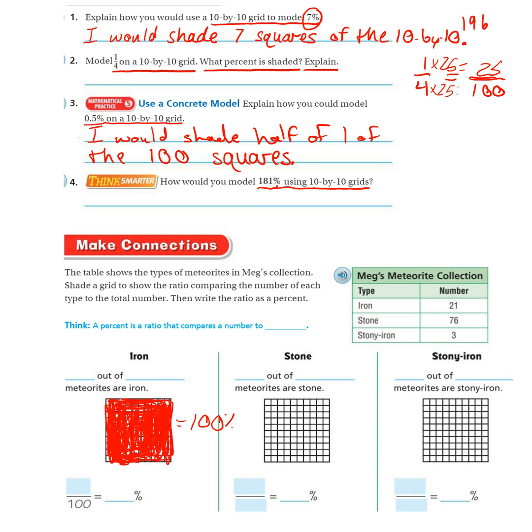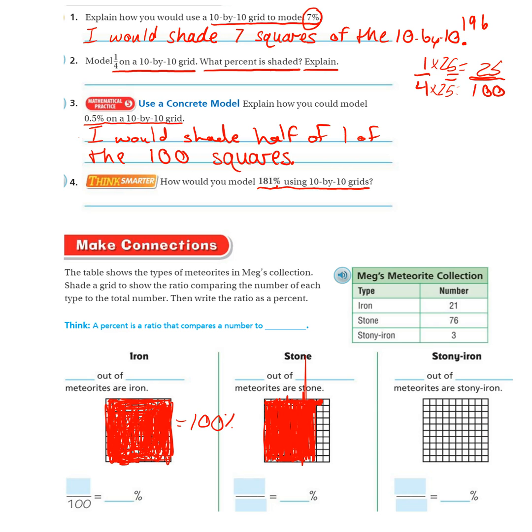And then to get the 81%, I would have to actually create another 10 by 10 grid and shade in 81 of these. So 10, 20, 30, each column is 10, so that's the fourth column, 40, 50, 60, 70, 80, and 81.